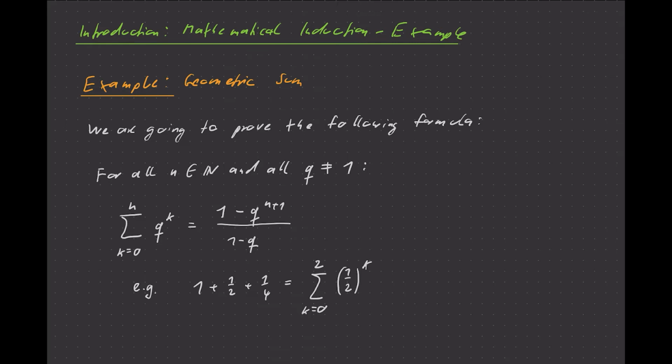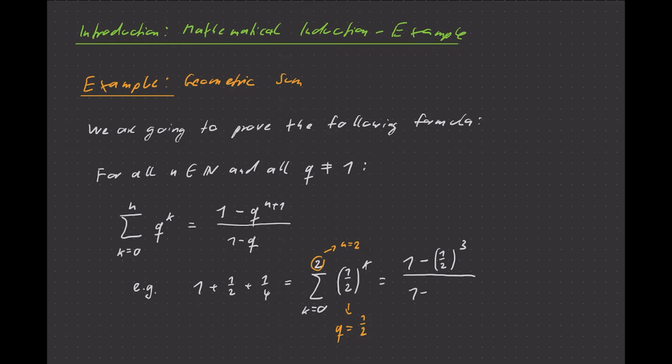So q in this case is 1 over 2. And according to the formula, that sum would be 1 minus 1/2 to the power of n plus 1, that is 3 in this case. n is 2 here.